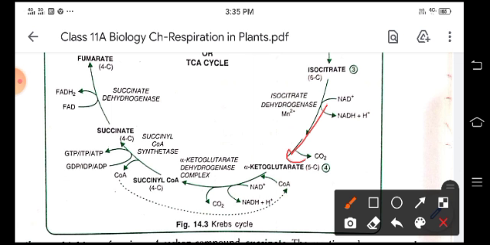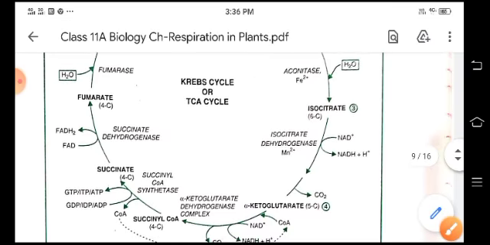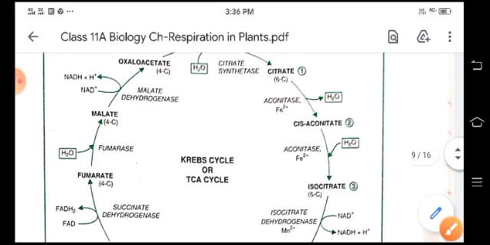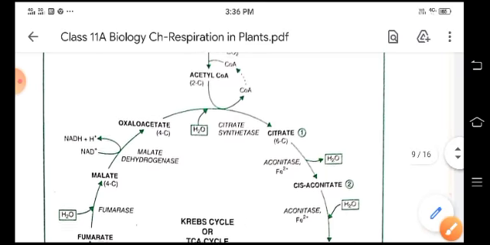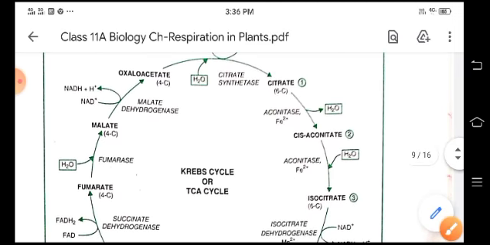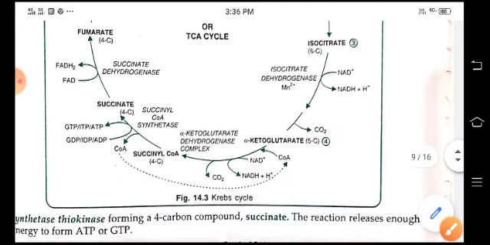This alpha ketoglutarate in the presence of ketoglutarate dehydrogenase complex forms succinyl coenzyme A. Then it forms succinate in the presence of succinyl coenzyme synthetase, and in the presence of succinate dehydrogenase it liberates fumarate. Now fumarate changes into malate, and in the presence of enzyme malate dehydrogenase it changes into oxaloacetate. Now this cycle goes on.